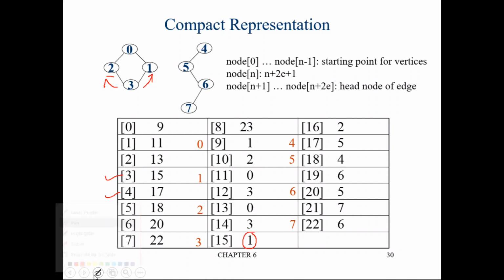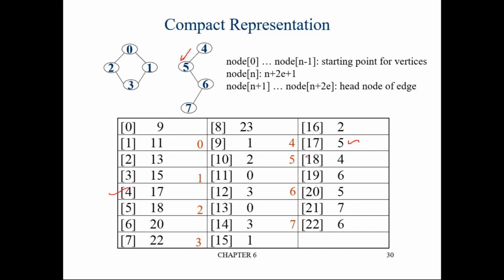Vertex 4 contains how many edges? Vertex 4 has only one edge. It is having an edge to 5. That's all. So the edge detail of vertex 4 is available at the 17th location. From the 17th location it is occupying only one location, and it is having an edge to vertex 5. That is the meaning.